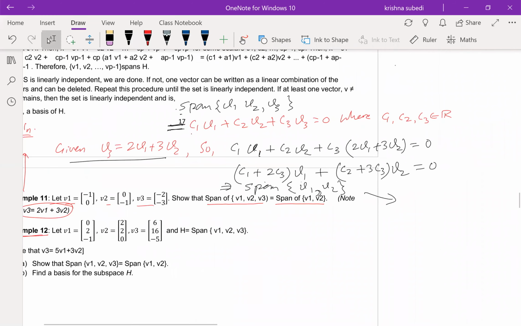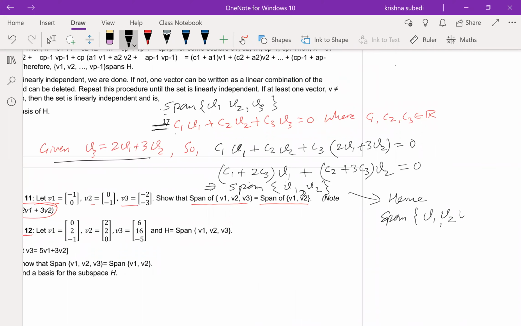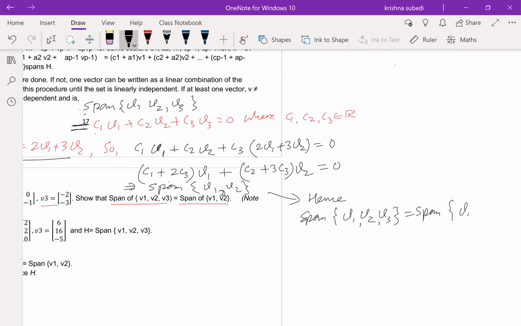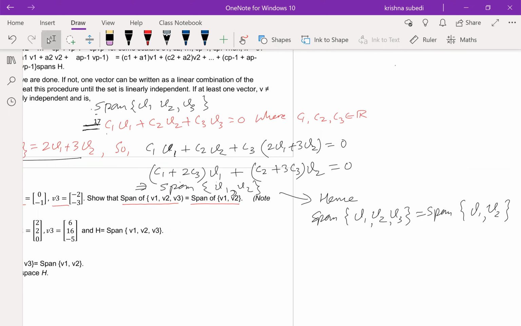So what we can say is that hence the span of V1, V2, V3 equals the span of V1 and V2. Is there any question?